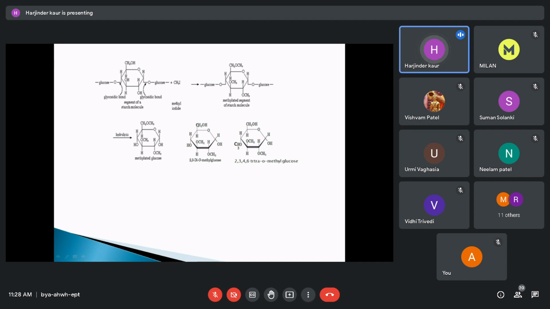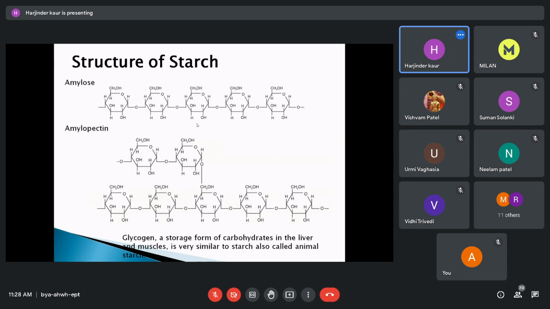Now this will become clear. Starch was found to have two components, and when the two components were separated and analyzed separately, it was found that amylose is a linear polymer in which there is 1,4, 1,4 linkage, whereas amylopectin has branched chains.